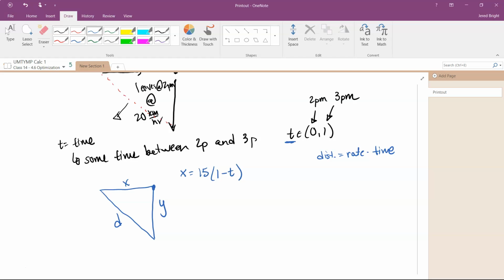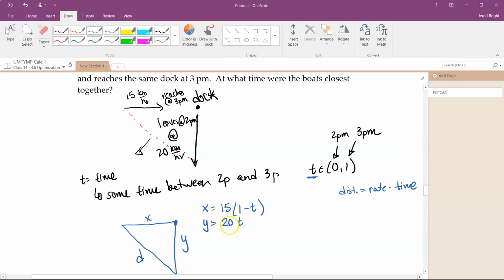So when time is 0, it's further away. Similarly, if we represent y in the same manner, the rate is 20, and it's going to be 20 times t, because at 2 p.m. the boat is at the dock, so its distance from the dock is 0. So we're going to use these as our constraint equations.